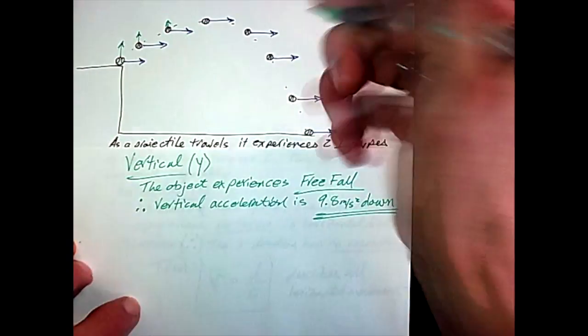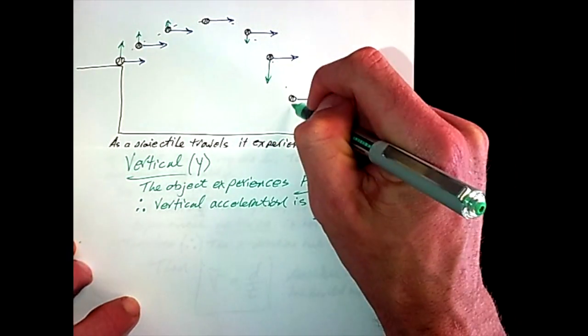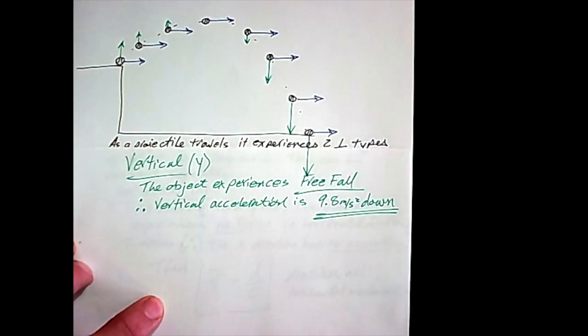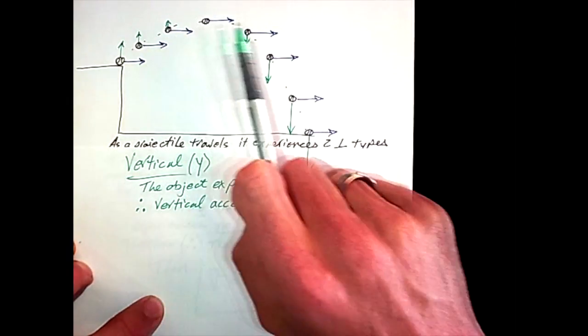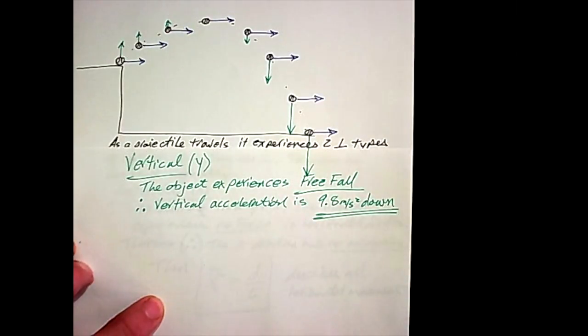Then turns around, comes back down, comes down a whole lot. It slows down on the way up and speeds up on the way down because the acceleration is always down.